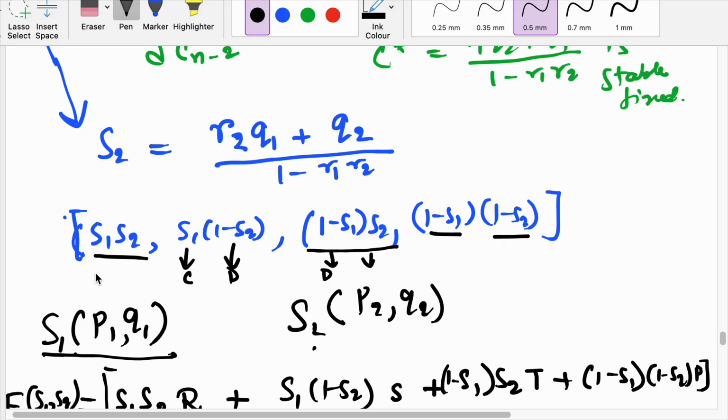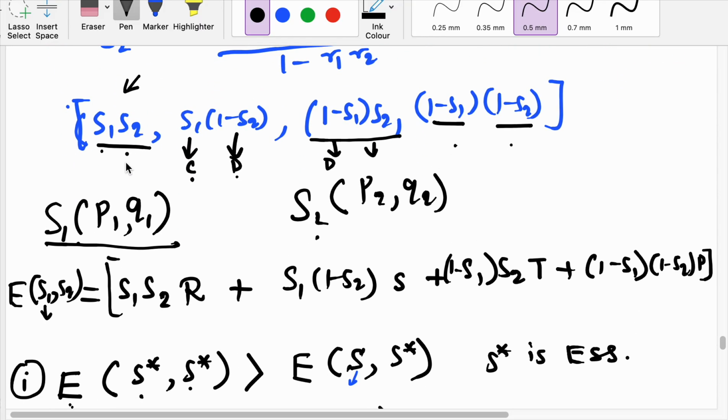From that we can calculate the probability that the cooperation outcome occurs, which is S1 S2, and the probability that a cooperation and defection outcome occurs. Similarly we calculated the others, and after knowing the stationary outcome probabilities, if we play this reactive strategy for long enough, our expected payoff on average will be this much.